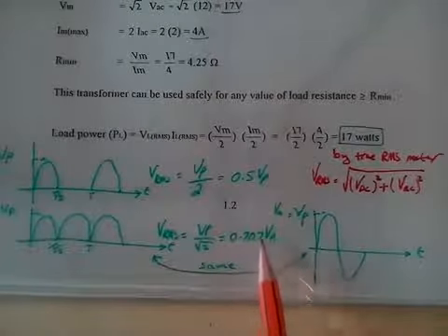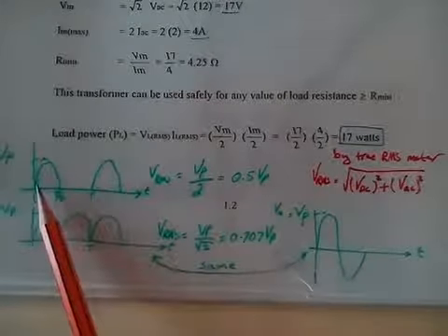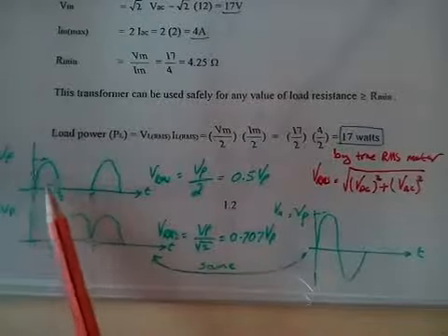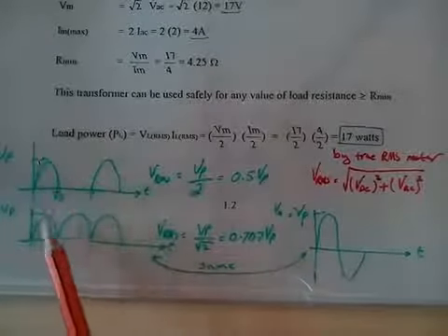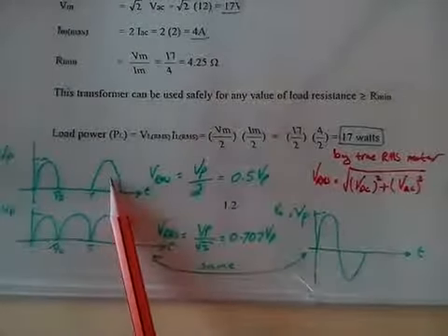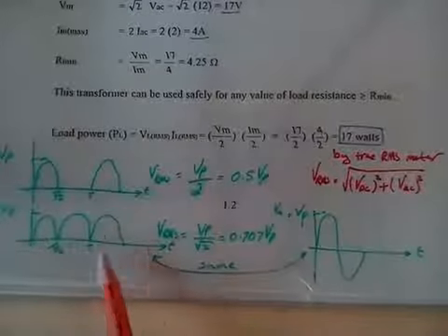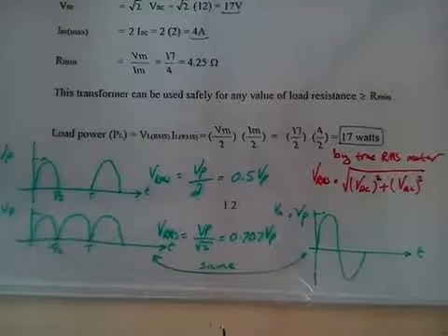Why? Because the RMS in itself is peaky, because it's always squared. You square the function, that's why it's peaky. So therefore this one equals 0.5 of V max, and this one is 0.707 of V max.